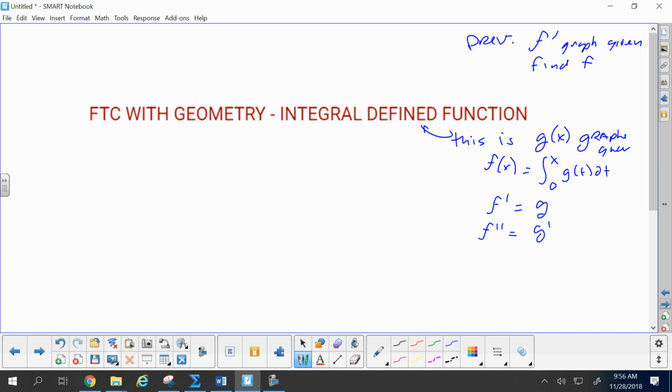By connecting it to G. F is increasing where F prime is positive, and that means where G is positive. And then you read the G graph. And so on. All those, the fundamental theorem, the F double prime kind of things, all still there. So a lot like the previous notes. With me? Okay.